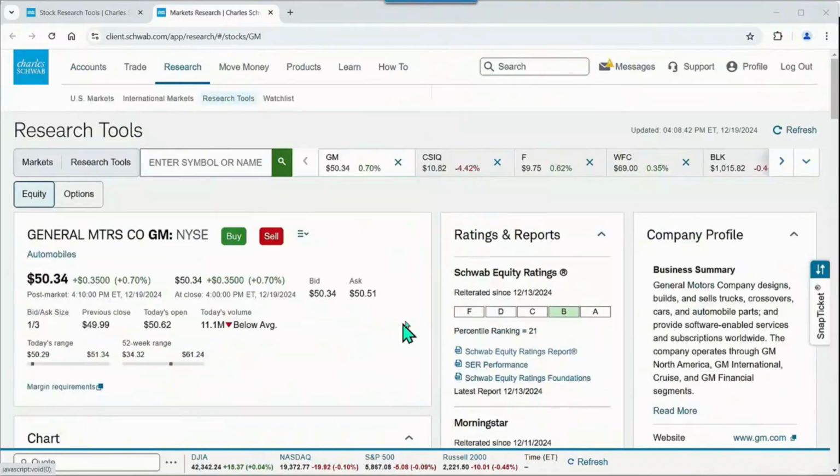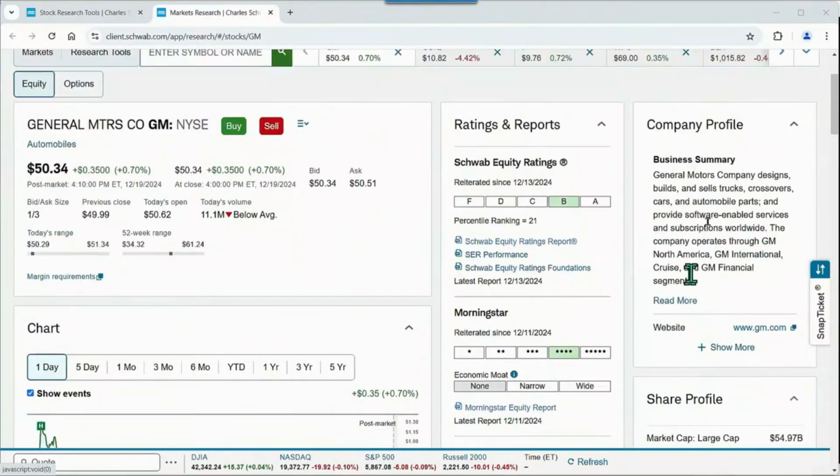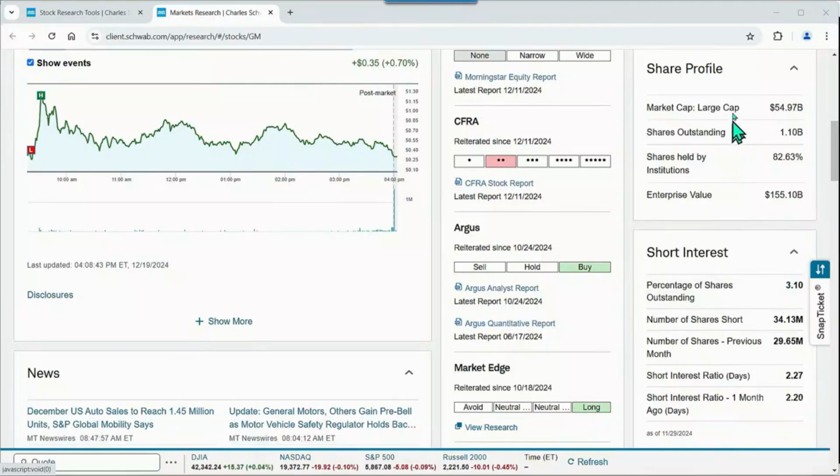Okay, let's move on. So after analysts, one thing you may want to pay attention to is the right side of this page, where we have information on the company. We also have information such as the company's size. Here we have about a $55 billion company. That may sound astronomical to you.